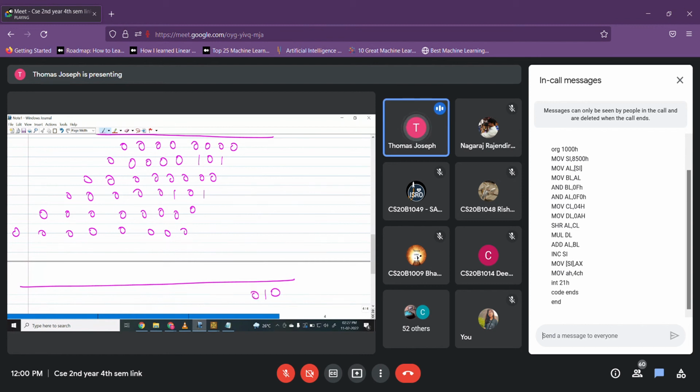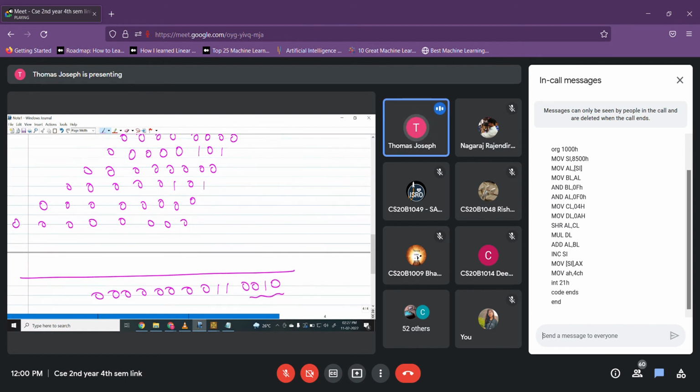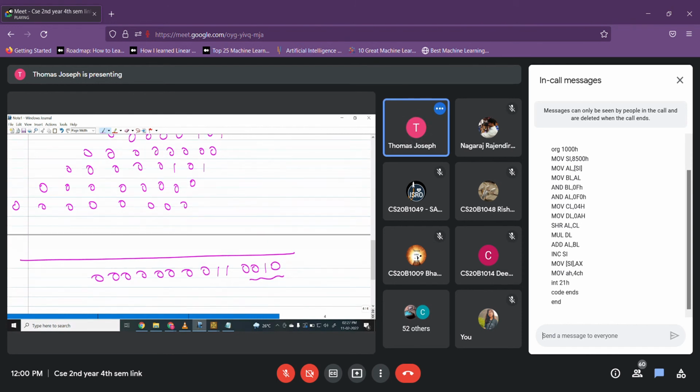Then again 2 more zeros will come. Then 1, 1. Then remaining all are zeros. So just do it formally, then you will get it. So this is represented in hexadecimal as 32. So this is 2 and this is 3 in hexadecimal. So 32 is the answer you are getting when you are multiplying this 05 into A.